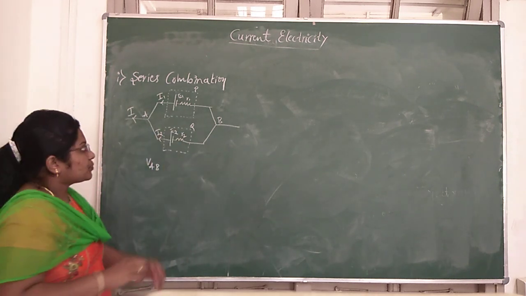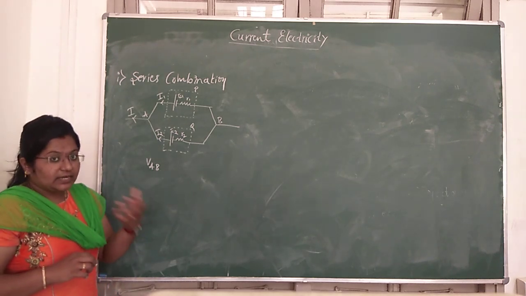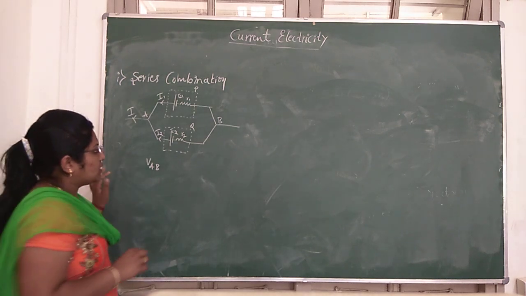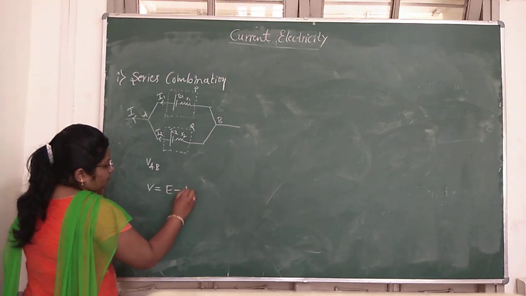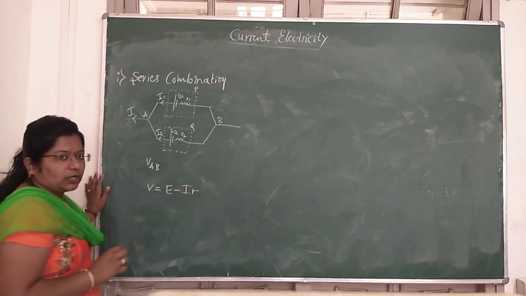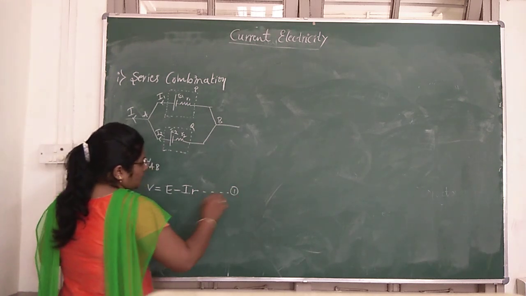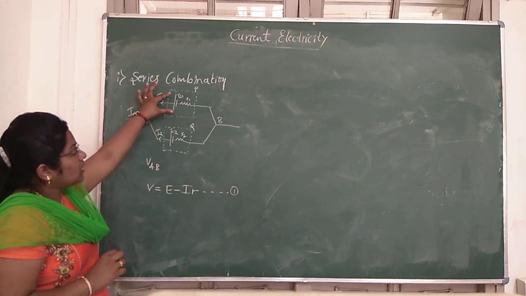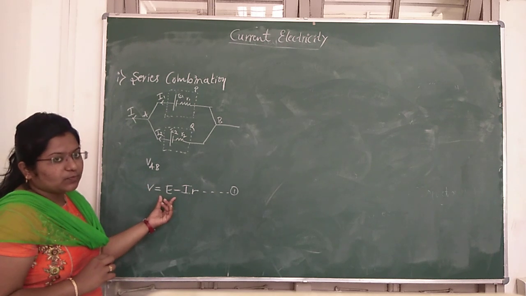Now again you apply the relation between EMF and terminal potential difference, that is V is equal to E minus IR. Call this again equation number 1. Now for this cell P, you apply this equation.